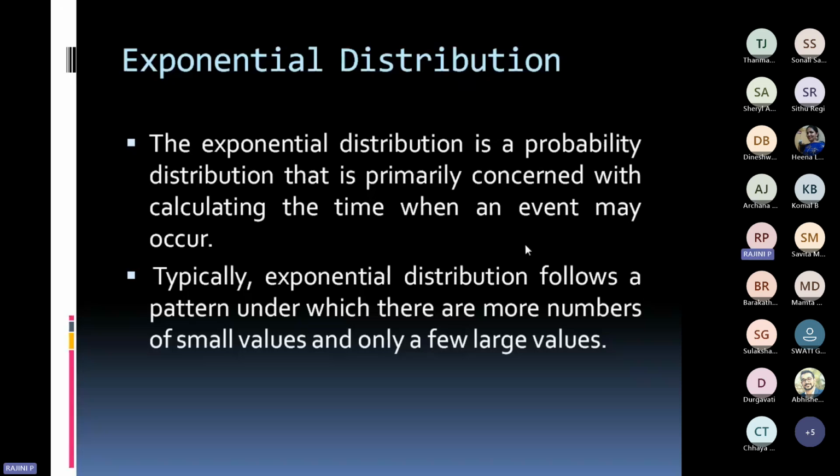In that case we apply the exponential distribution. Clear? So exponential distribution is a probability distribution primarily concerned with the calculation of the time when an event may occur.